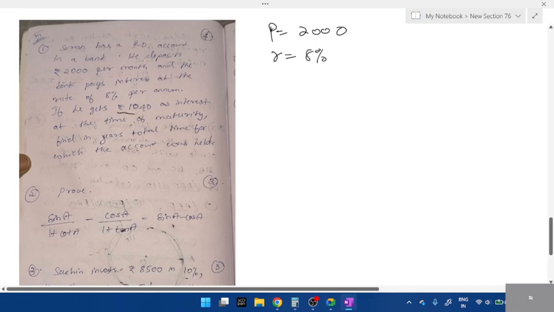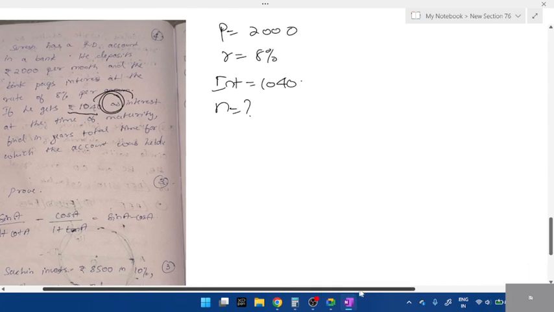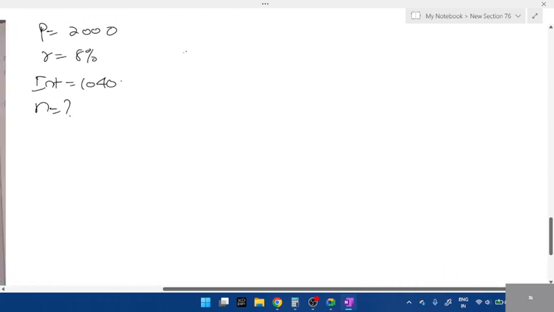Okay, what is this? If he gets 1040 as what? What do you need to find here? Time. Interest is given, use interest formula.